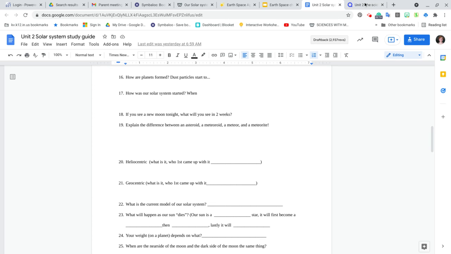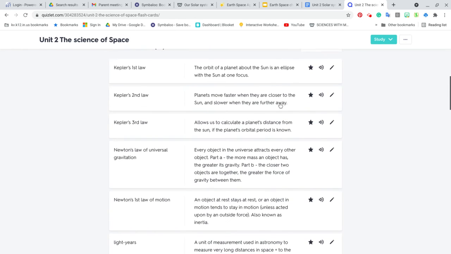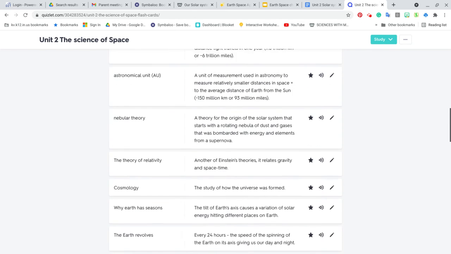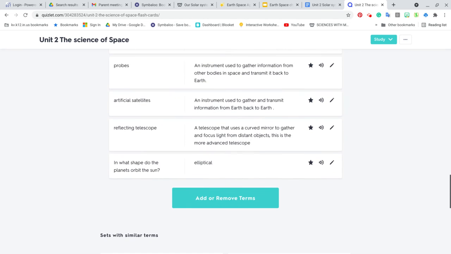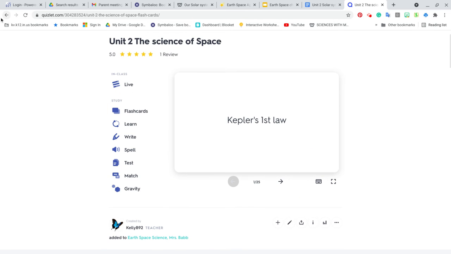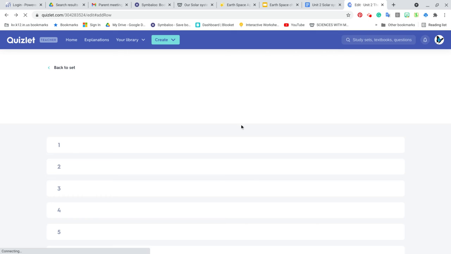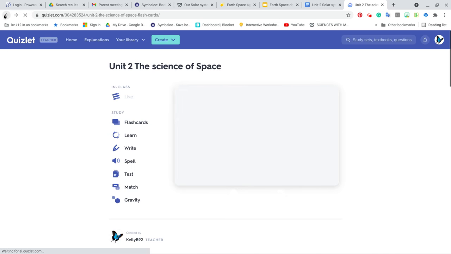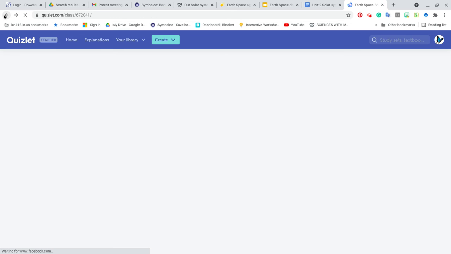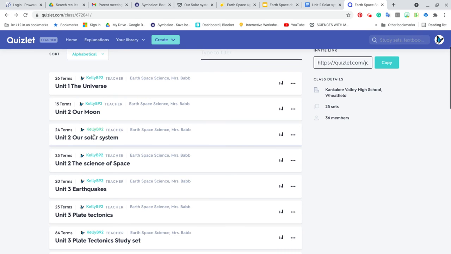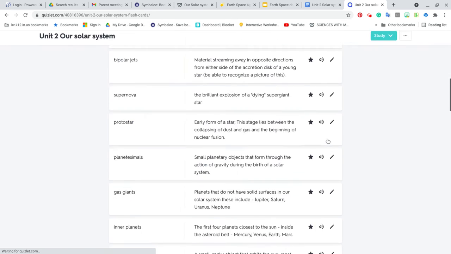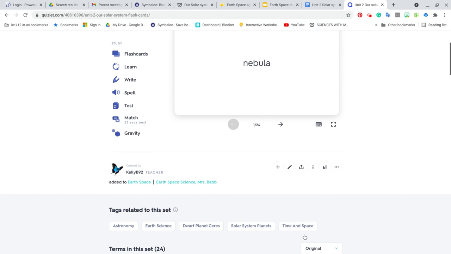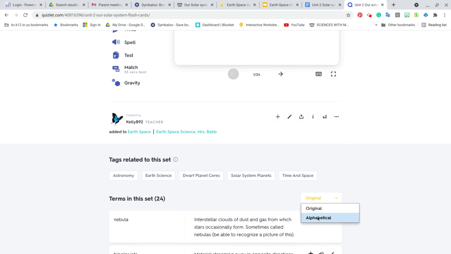Heliocentric, geocentric. This one? Not that one. It would be in the other one. Our solar system should have heliocentric and geocentric.